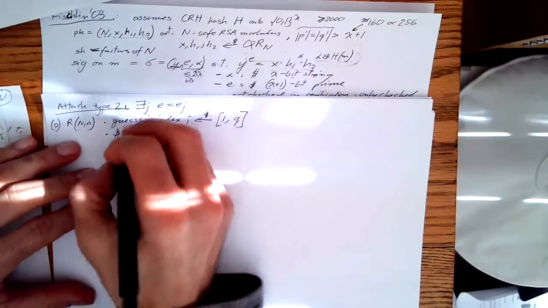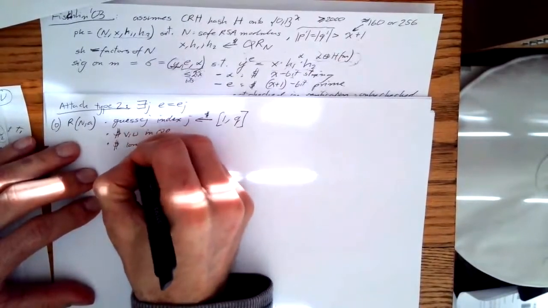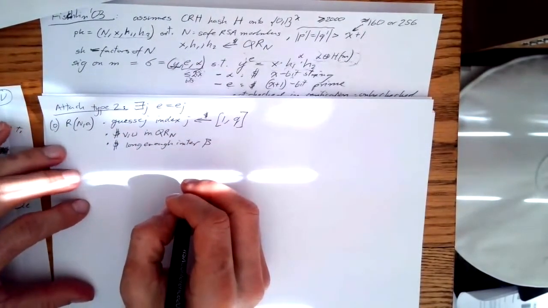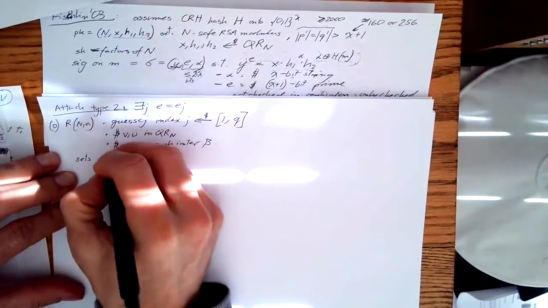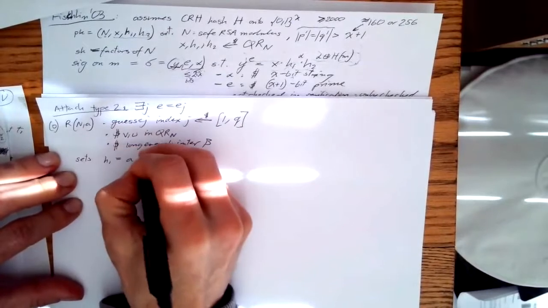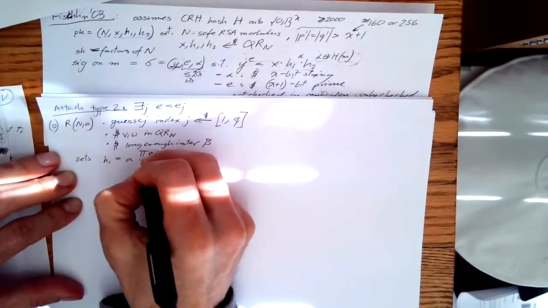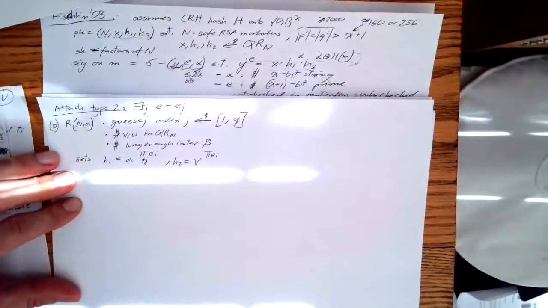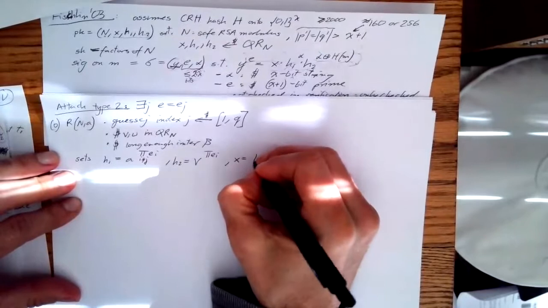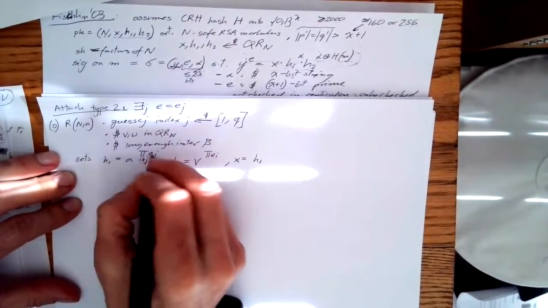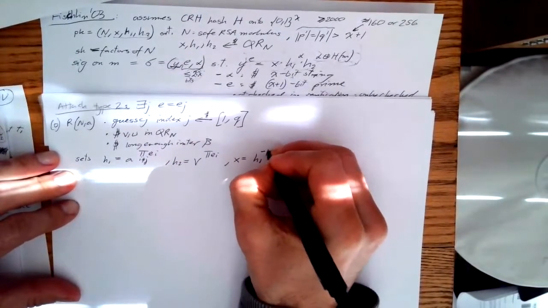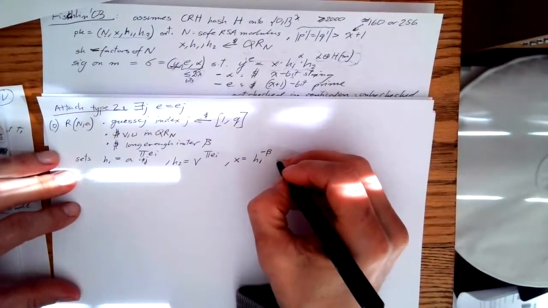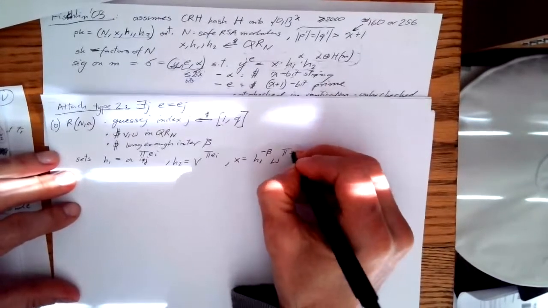Right. Then a random long enough integer beta, and set H1 to be A to the product of EIs except J's, H2 to be V to the product of all EIs, and X to be this thing, so all the EIs except the J's, 2 minus beta, and this is just so that further verification equations get simplified, to W to the product of EIs.